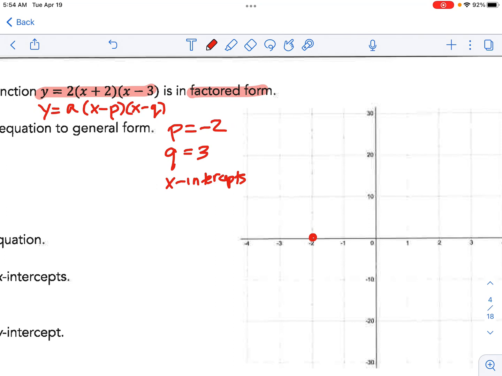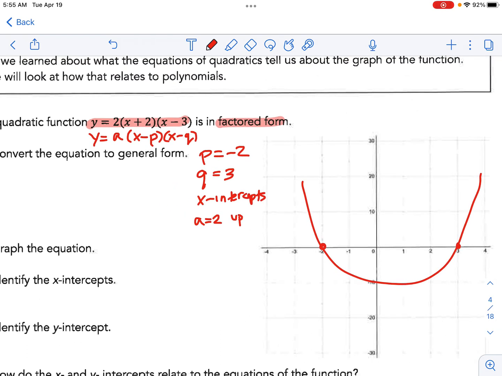So we'd have an x-intercept at -2 and an x-intercept at 3, and since a is equal to 2, that's positive, so it opens up. So we know we have something in general that looks like this.